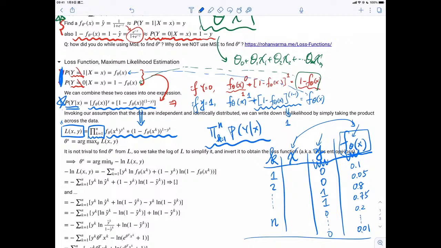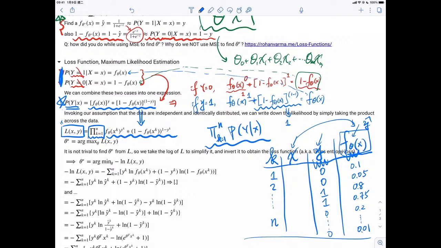So basically, how do we measure such kind of model? If it is a linear regression, we simply subtract y and y hat and do MSE.